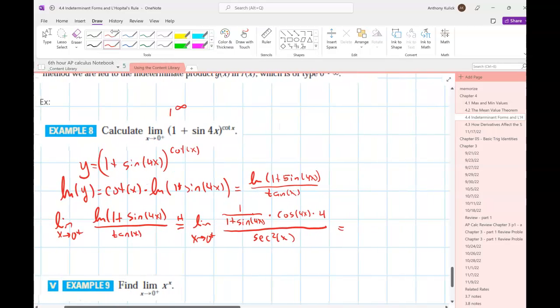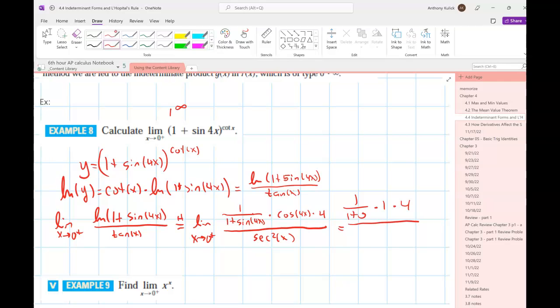Let's do our direct substitution here, see if we need to do L'Hopital again. Sine of 0 is 0. Cosine of 0 is 1. So the top is not 0, so at this point I feel pretty good about not L'Hopitaling again.